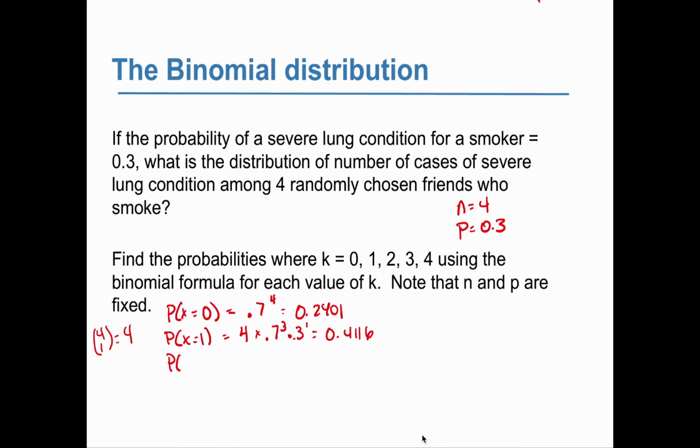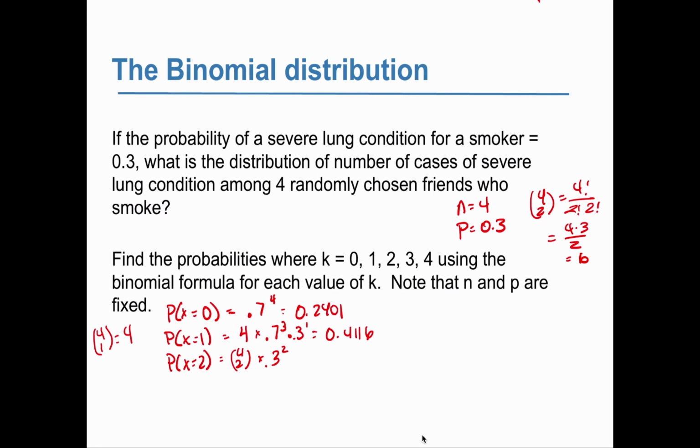Probability that exactly 2 have lung conditions is 4 choose 2. And 4 choose 2 is 4 factorial over 2 factorial 2 factorial, which is 4 times 3 over 2, which is 6.